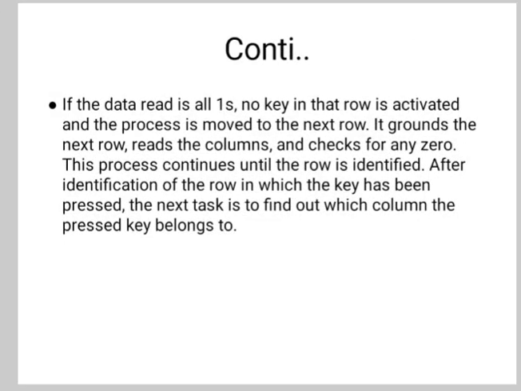If the data read is all 1, then no key in that row is activated and the process moves to the next row. It grounds the next row, reads the column and checks for any zeros. This process continues until the row is identified. After identification of the row in which the key has been pressed, the next task is to find out which column the pressed key belongs to.